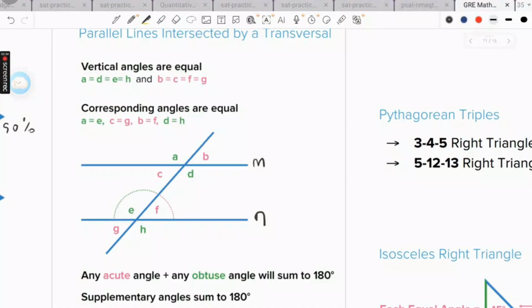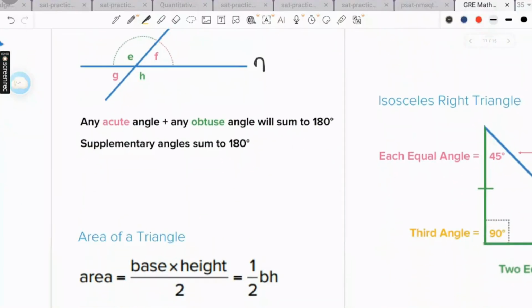Remember, M must be parallel to N. So all these relationships continue: if A equals E, then E equals H, and so on.